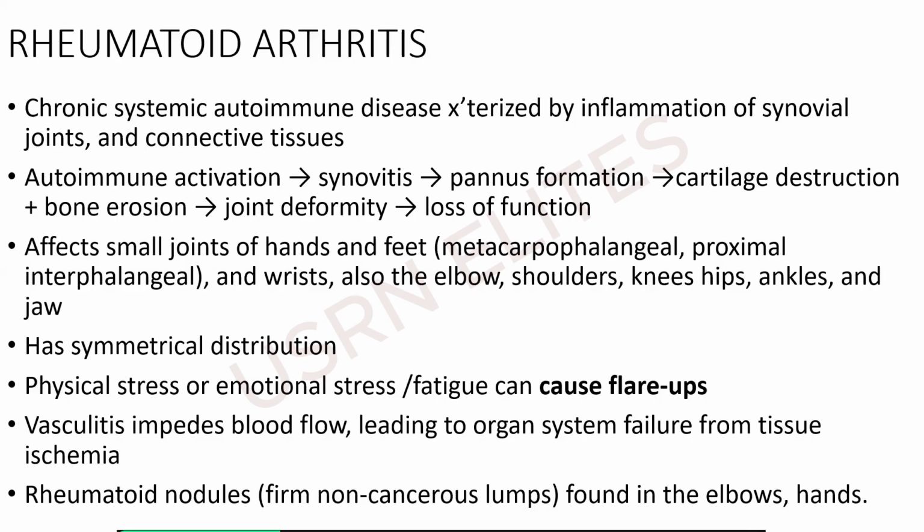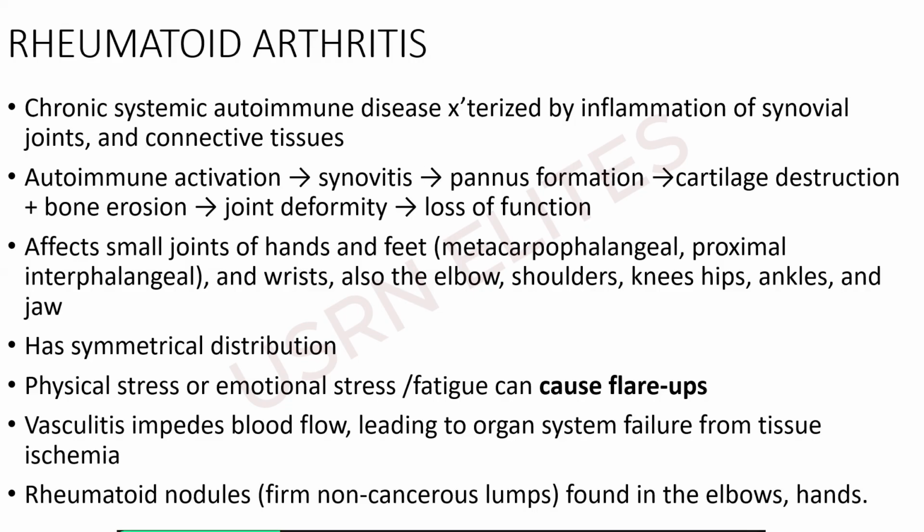So it has a systemic effect, and it causes failure of the organ because of what? Ischemia. When the vessels are inflamed or edematous, they will impede blood flow to that particular organ and eventually cause ischemia. So it can cause inflammation of the vessels as well.